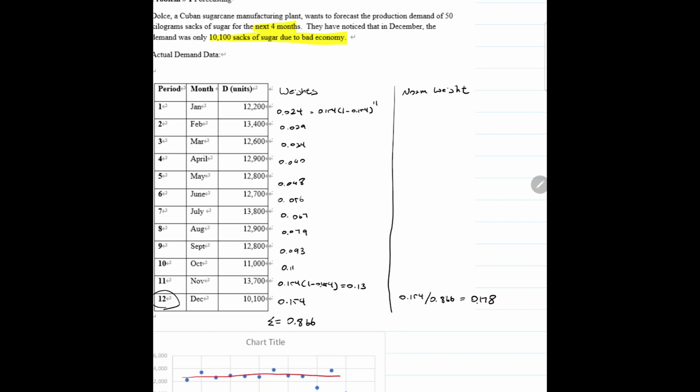Let's do it for the other ones too. Divided by 0.866, 0.151.